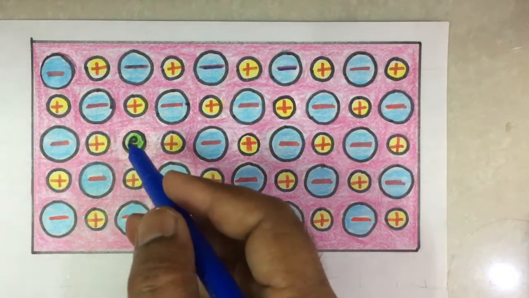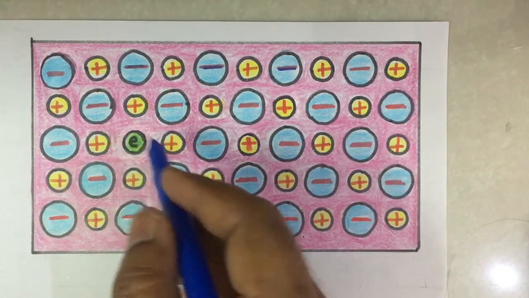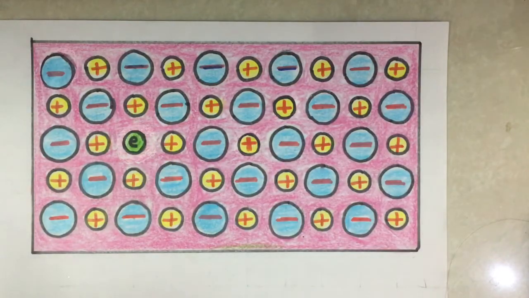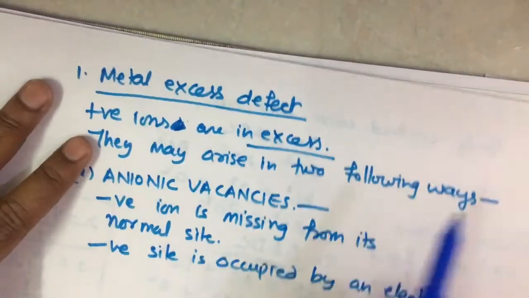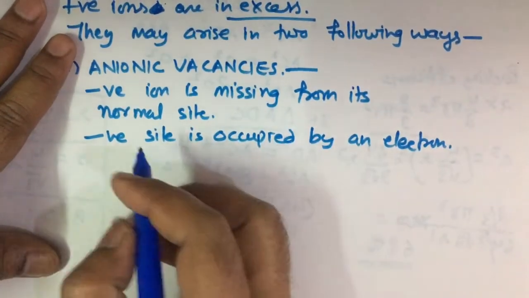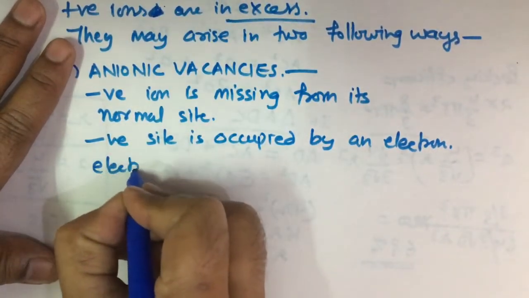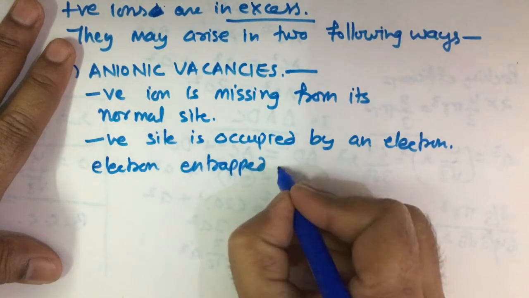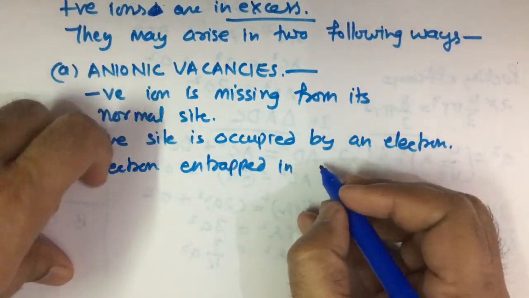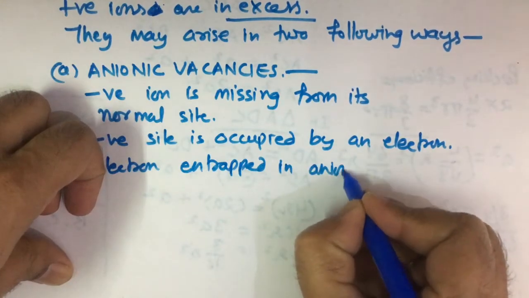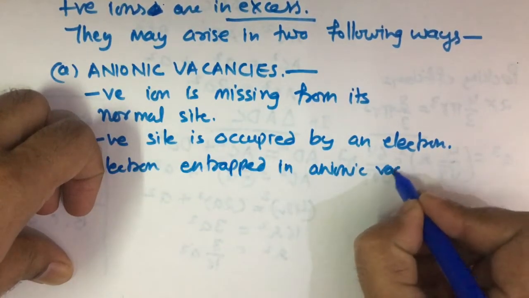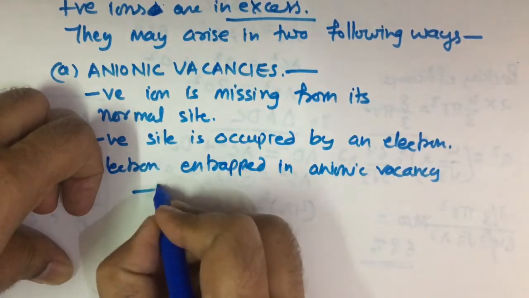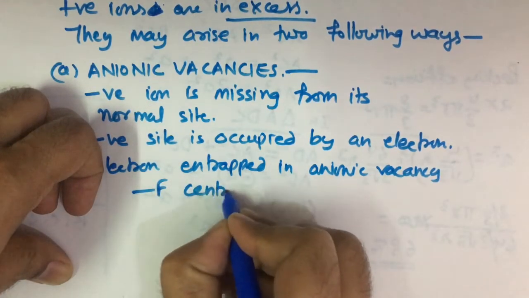This is an electron in the anionic vacancy to maintain the electrical neutrality. Now this electron entrapped in the anionic site is also called an F center. Electron entrapped in anionic vacancy is called an F center.